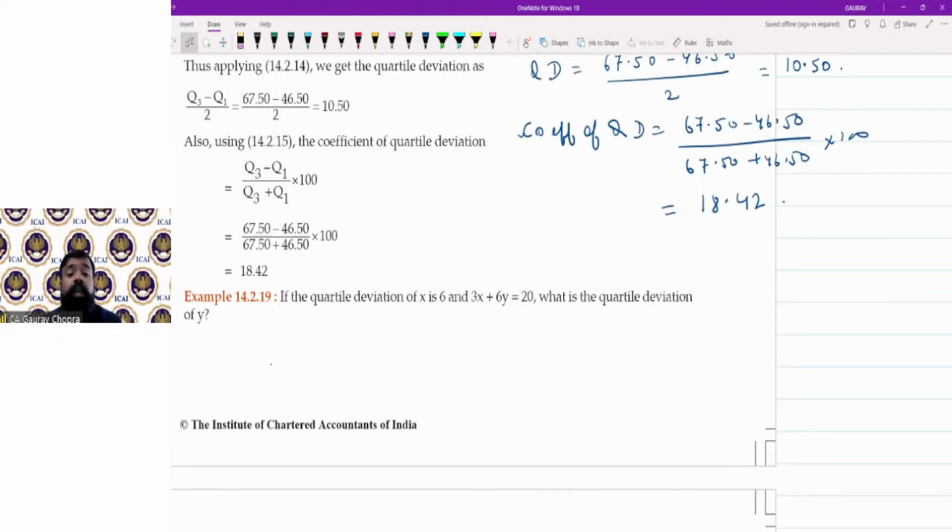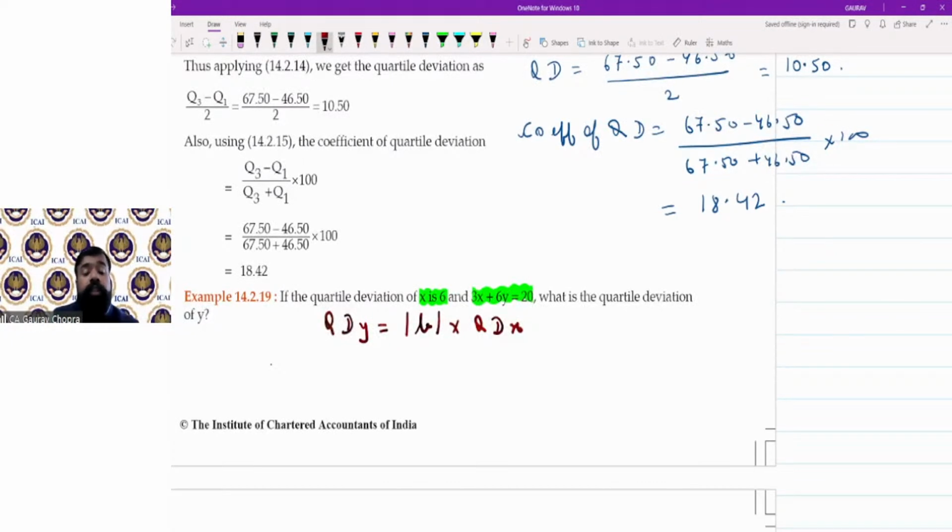This is again an equation based question, that is change of origin and scale. The quartile deviation of x is 6, which is given, and this is the given equation. What is the quartile deviation of y? The formula will be mod b multiplied by quartile deviation of x.